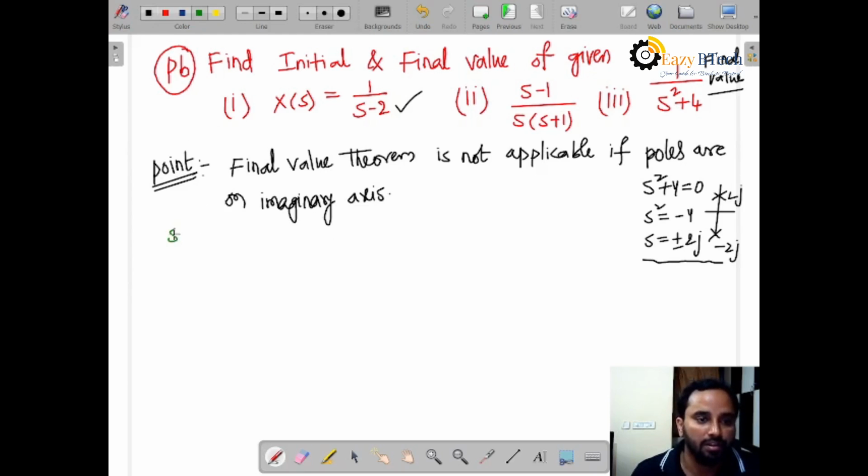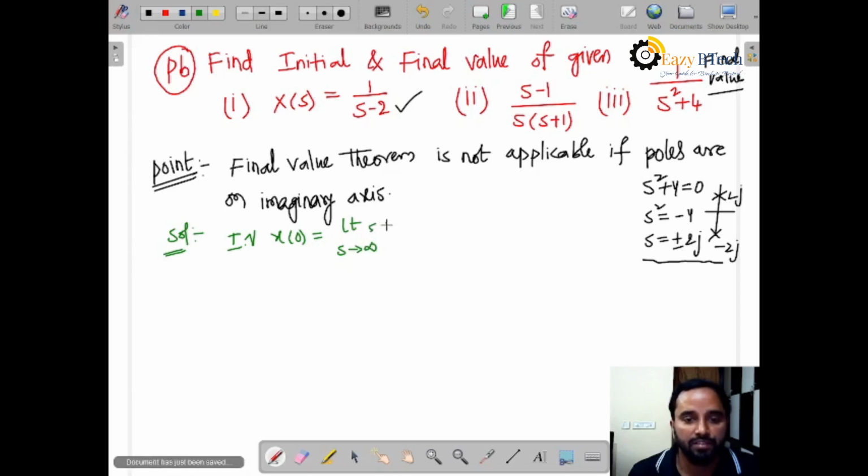First one, initial value and final value. What is the initial value? How to do initial value? Initial value means x of 0 is equal to limit s tends to infinity of s into x of s. For the first problem, limit s tends to infinity of s into x of s, which is s by s minus 2.